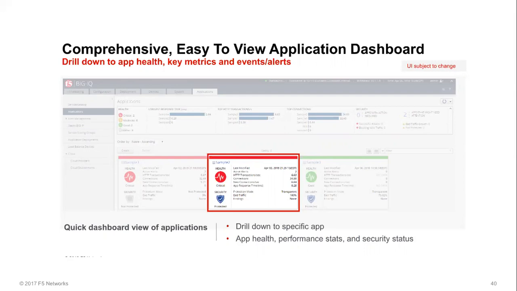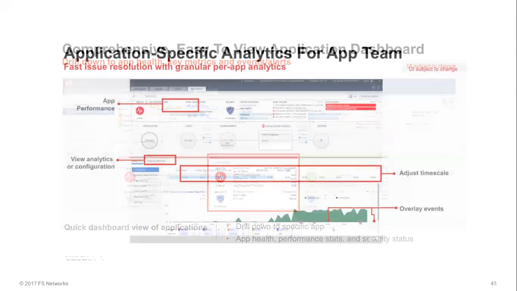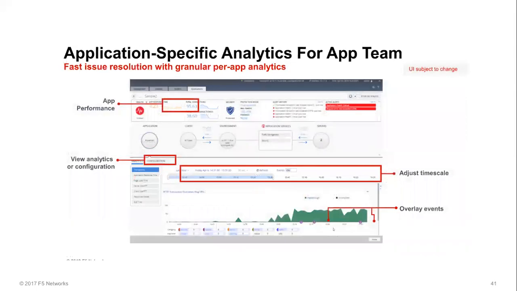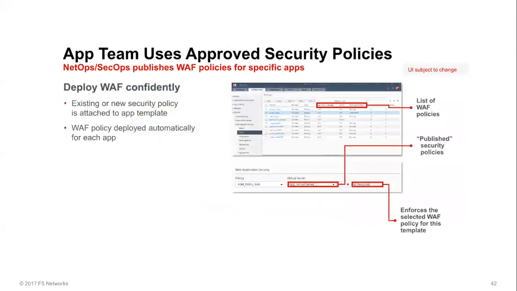We can check the app edge performance stats and the security status of the app that has been deployed. So it's basically for each app to know how the configuration has been done, how the performance is going, and the events and all that.